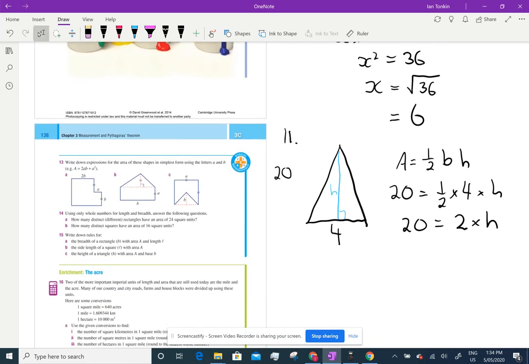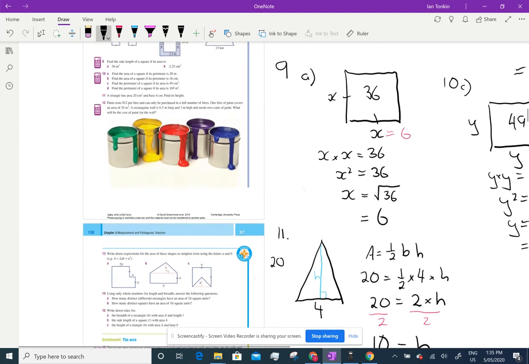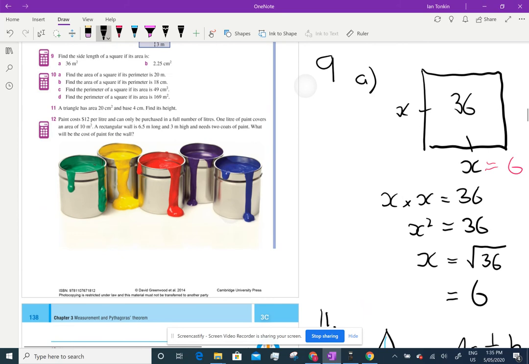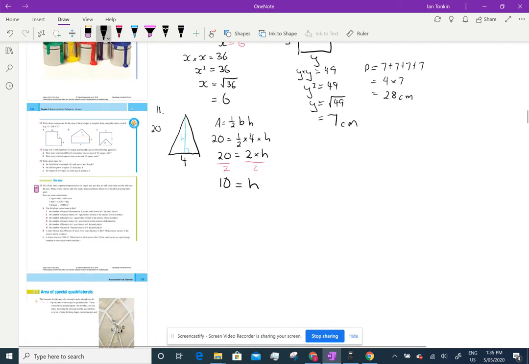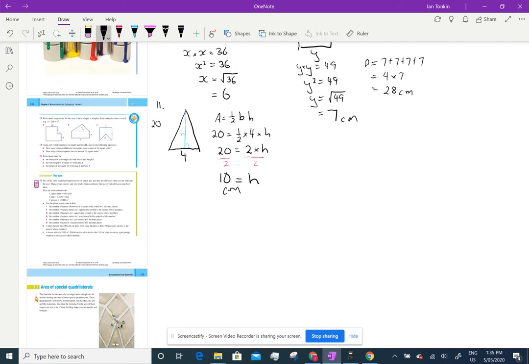So 2 times a number equals 20. Well, we should be able to do an equation. We should be able to divide by 2, and that'll give me 10. But if you did guess and check, I'm not as happy about that, but it'll get you there. So, and it's in centimetres. All right, that's enough. You should be able to have a go at the other ones on your own.